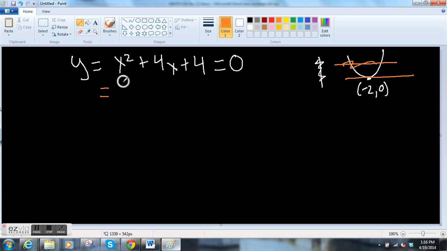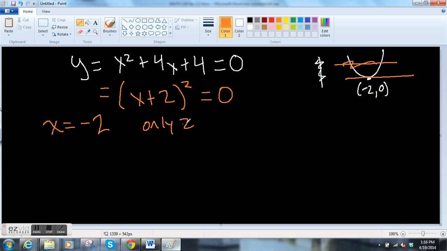Okay, so the way we're going to do this one is we're just going to factor. Factoring, it's easy. This x squared plus 4x plus 4 is just x plus 2 squared. You could also use the quadratic equation, that's always going to work. So this tells us that the zeros are x equals negative 2.